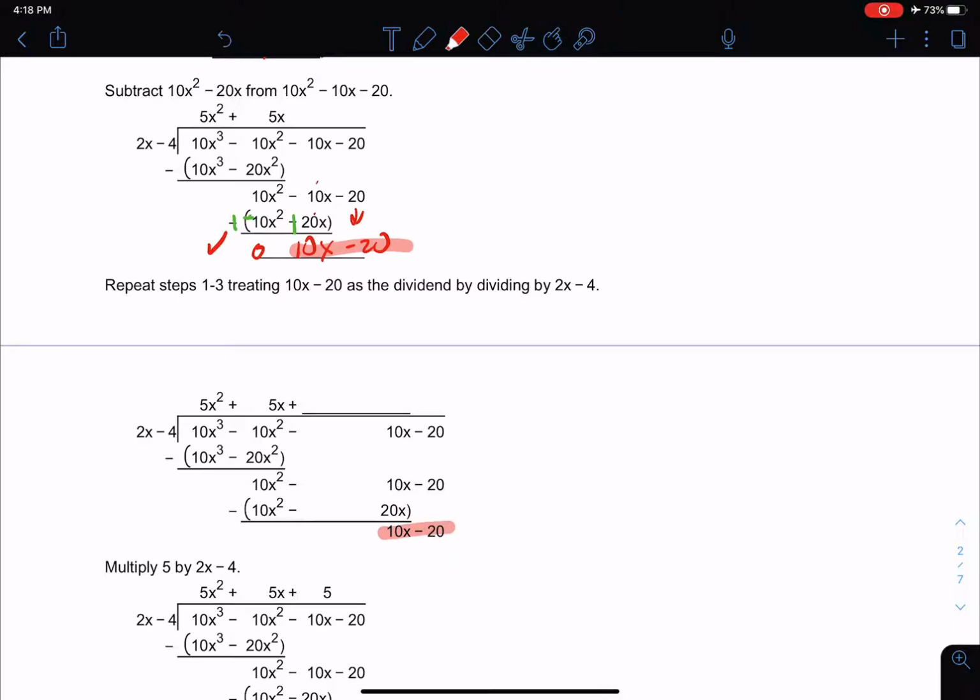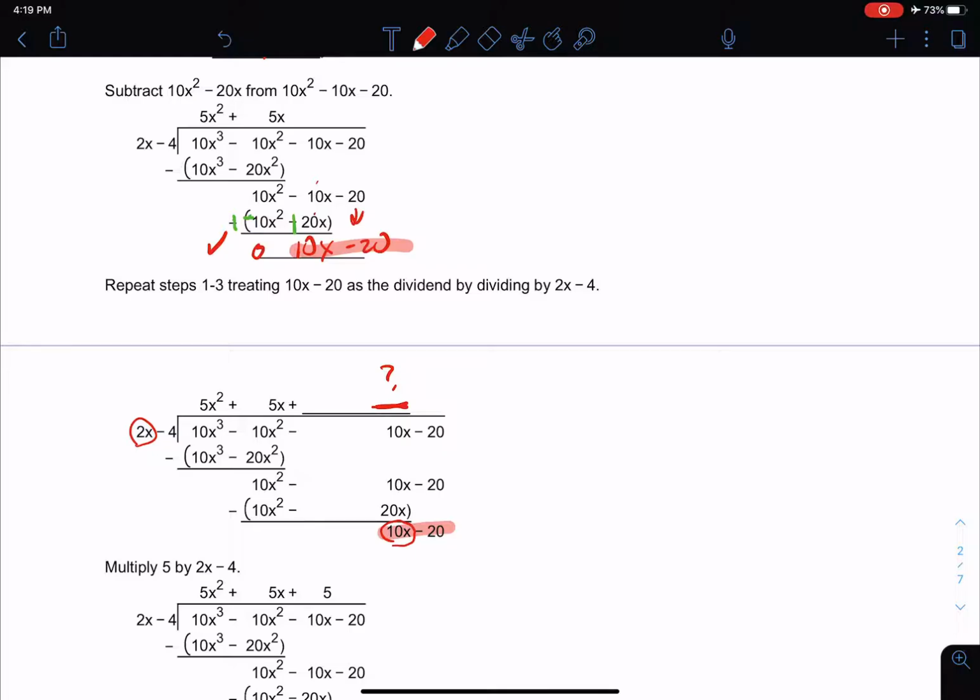Now we're ready to do the loop or the algorithm once again, right? So it's the repeating part of this algorithm. And the way I like to do it once again is, what times 2x will give me this 10x? You guys know what it is? If you said 5, you're correct. 5 times 2x is 10x.